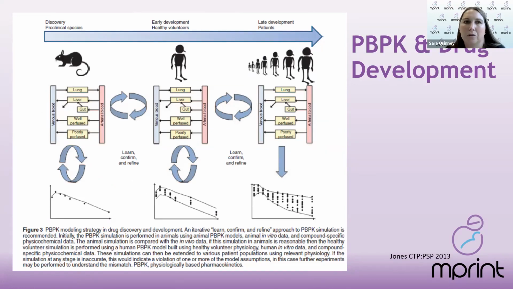This can then be scaled to help support our first-in-human dose in healthy volunteer studies in early development. And then in late phase, we can add in some of those system parameters and look at information on drug interactions, pharmacogenomics, age, organ dysfunction, pediatric and pregnancy populations to get more of an idea of what the pharmacokinetics of the drug will be in these special populations.